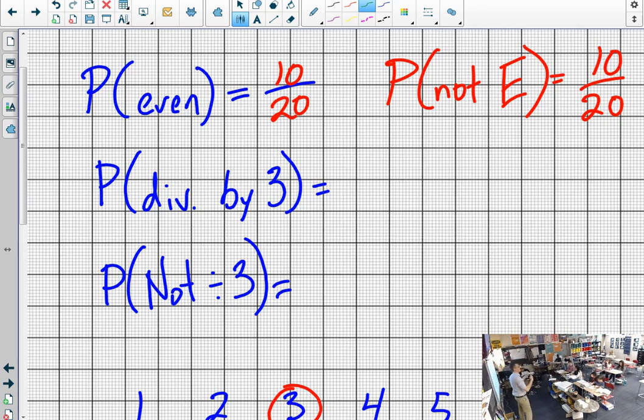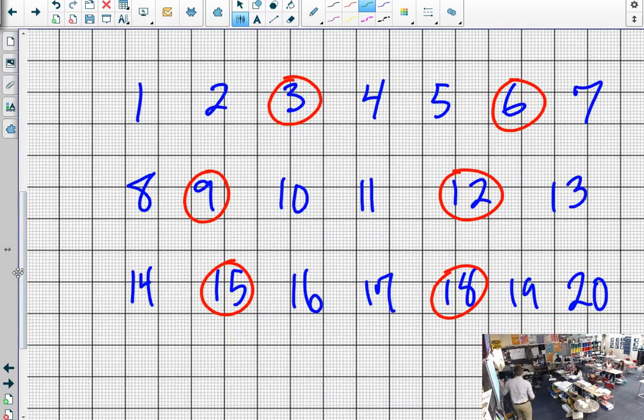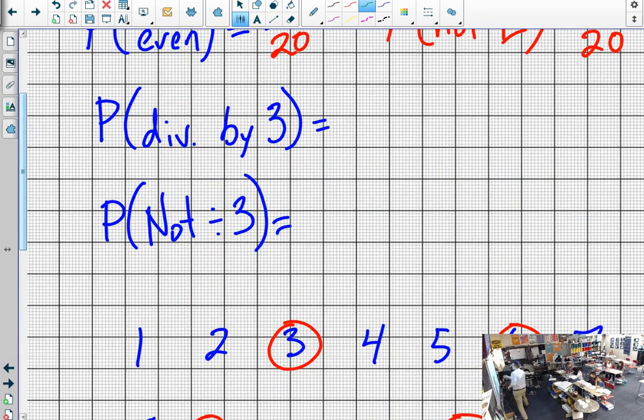Yeah, because it's easier, right? I always want to take the easier option. So we first think how many are divisible by 3. How many do we get? 6 out of 20. So then how many are not divisible by 3? 14, right? Just how many are left over. So 14 out of 20.